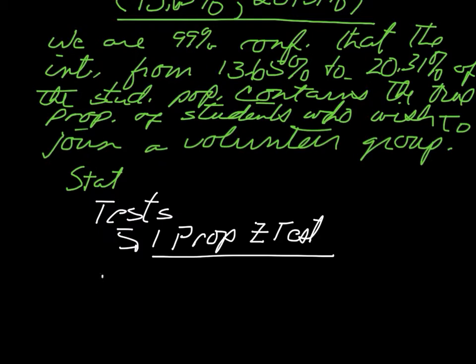Well, first it asks me, pardon me, I said that wrong. It's the one proportion z interval, and the one proportion z interval is letter A, not number 5, it's letter A. So pardon me, one proportion z interval, so make sure you get that correct, because we're doing z intervals.